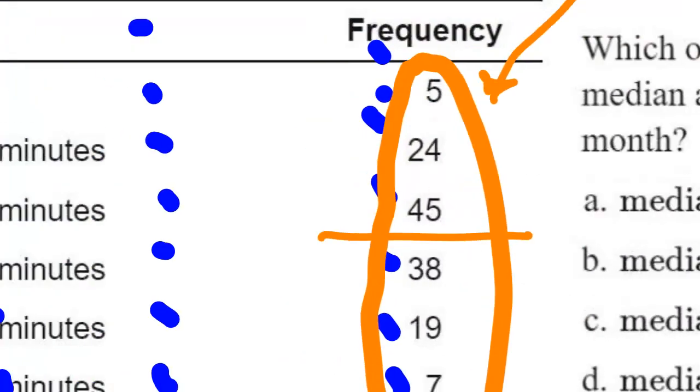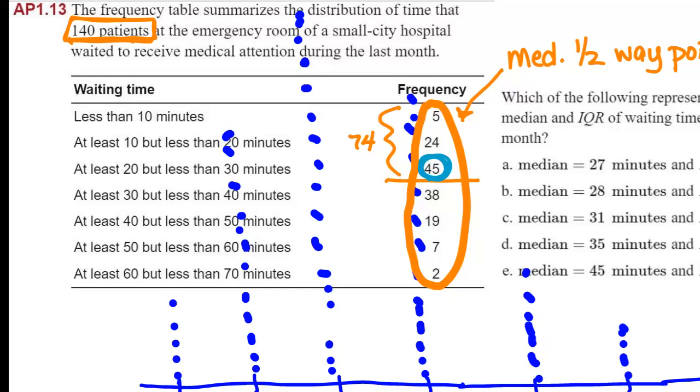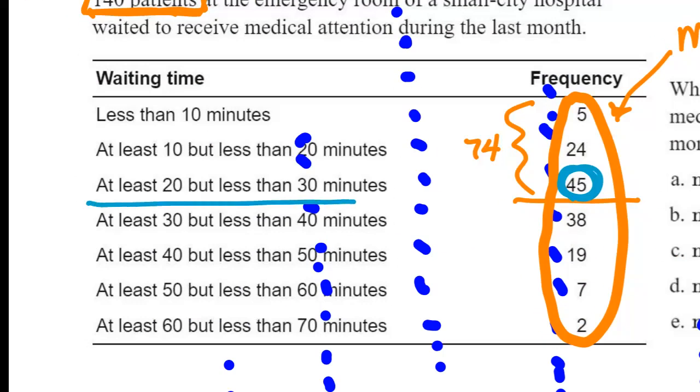If I add these up right here, that's 74. And there's a whole bunch of people sitting right here. So the 70th person and the 71st person are going to be somewhere in that really tall bar, right? So my median is going to be at least 20, but less than 30 minutes.